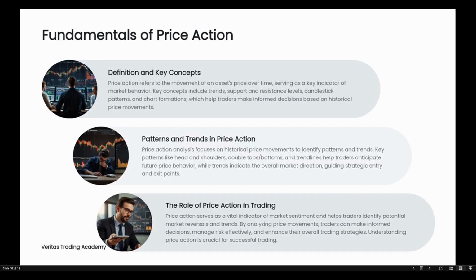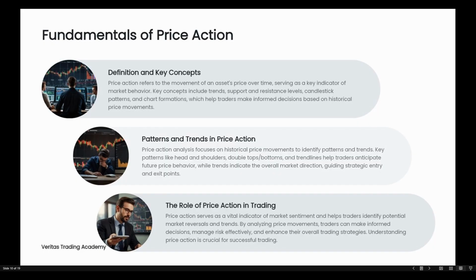Now, what you need to realize is that price action analysis focuses on historical price movements to identify patterns or trends. Like we said before, in a downtrend, the market makes lower lows. In an uptrend, the market tends to make higher highs.